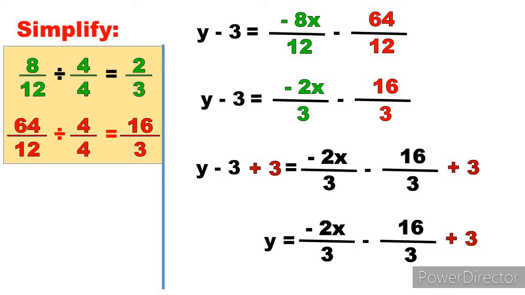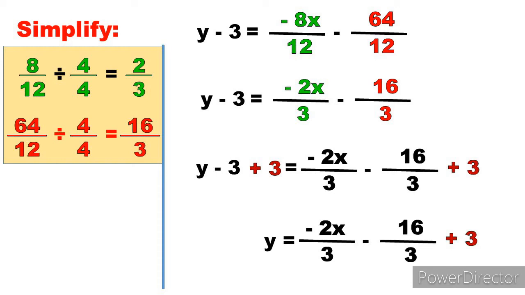And then now we have the equation of y minus 3 equals negative 2x over 3 minus 16 over 3. Okay, now we solve for y. Okay, para ma-solve yung y, kailangan ma-eliminate ang negative 3. Okay, para ma-eliminate ang negative 3 at maiiwan ng y, mag-add tayo ng 3 both left and right side ng equation.